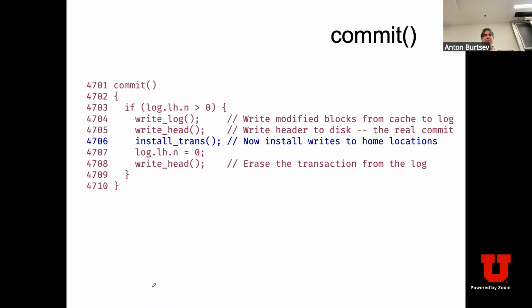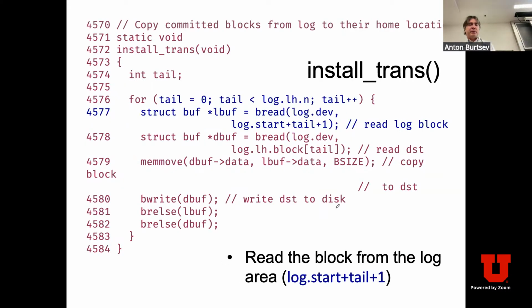Okay, and now, since we have all the information about the transaction on disk, we install the transaction by essentially copying data from the logging area into the disk. And again, we simply run a loop. What we're doing here is that we still have two blocks.